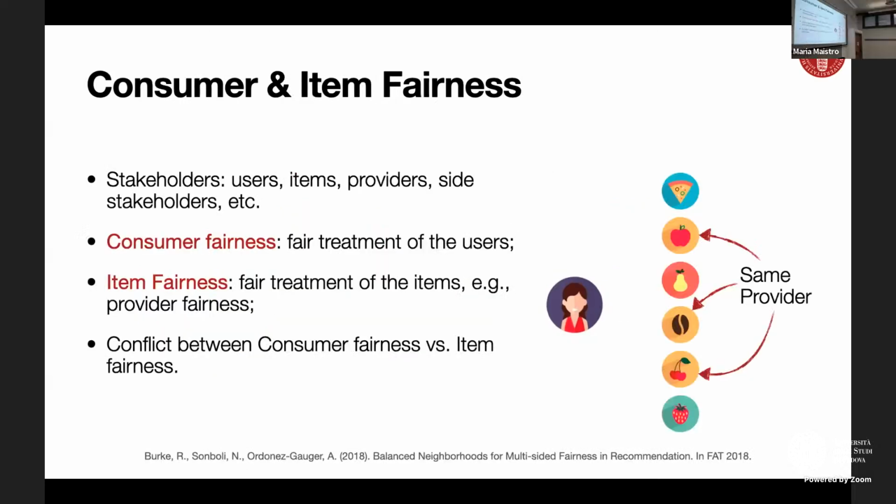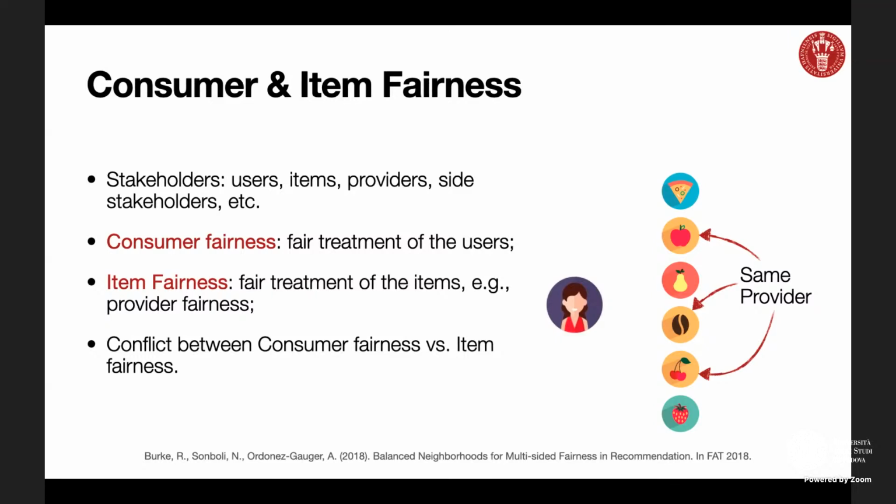The other distinction that is made is another type of level, which is consumer versus item. You might want the system to be fair to your users. Again, if it's group fairness, you want the female group to be treated equally to all the other gender groups. But you might also want your system to be fair to the items.